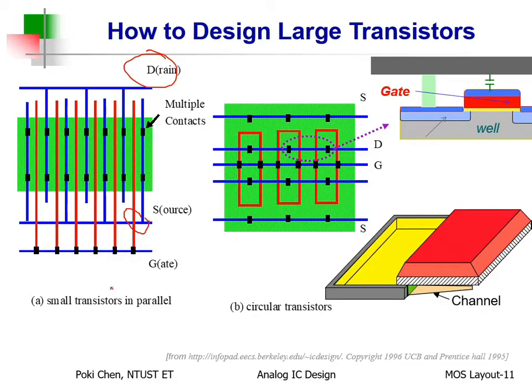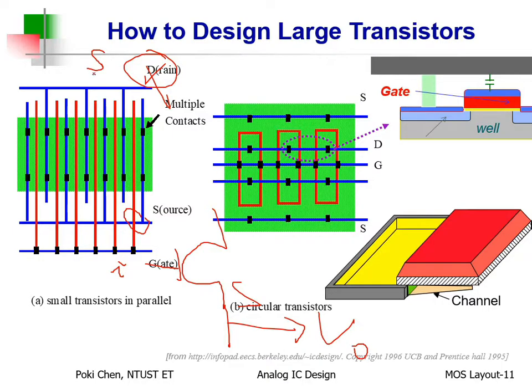And usually drain is the output, but sometimes source is the output instead. For example, source follower, right? What you learned already from microelectronics: this is the input from the gate, then you have the output node from the source instead of drain. Then you need to change it to be the source to reduce the parasitic here.